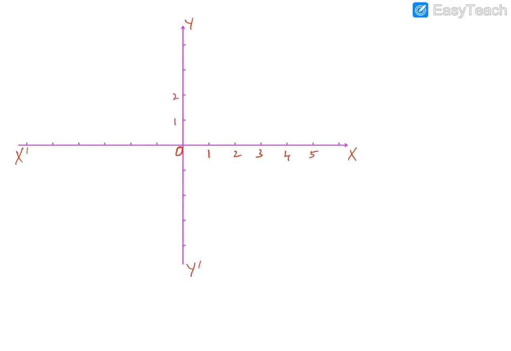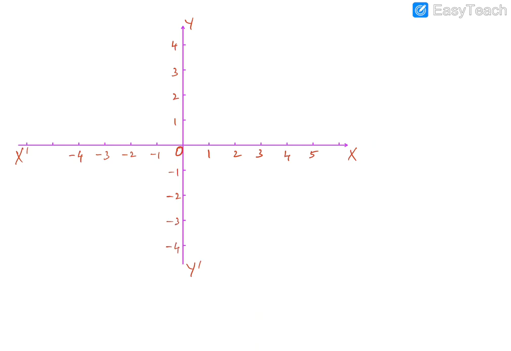Similarly, on the positive y-axis, that's 1, 2, 3, 4. On the negative x-axis, it will be -1, -2, -3, -4, and so on. And on the negative y-axis, we will have -1, -2, -3, -4, and so on.